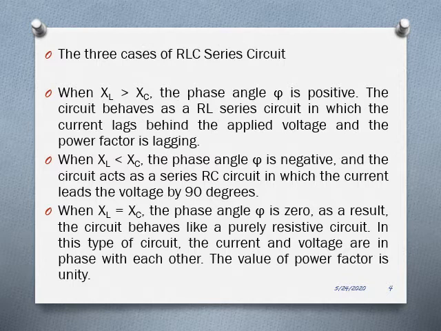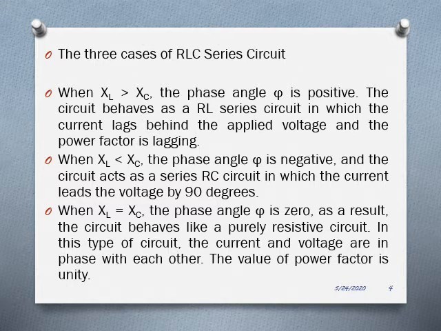The third condition is when XL is equal to XC, when inductive reactance and capacitive reactance are equal. That time the circuit will be behaving like a pure resistive circuit. If XL and XC are same, then the net reactance will be definitely 0.